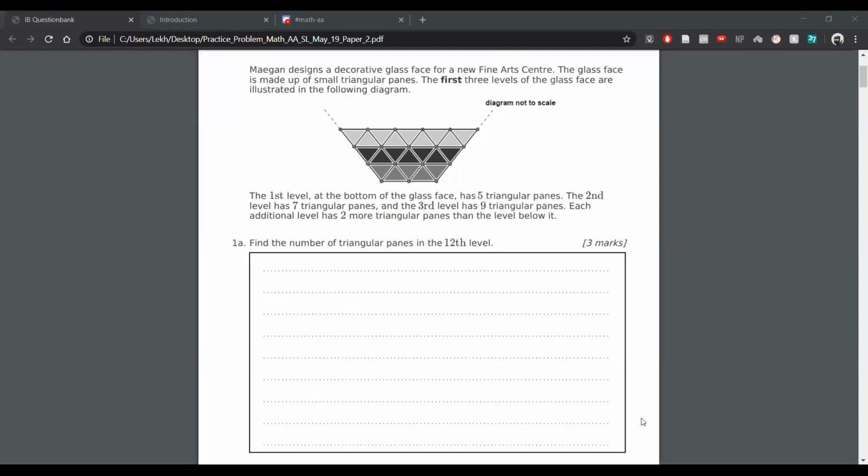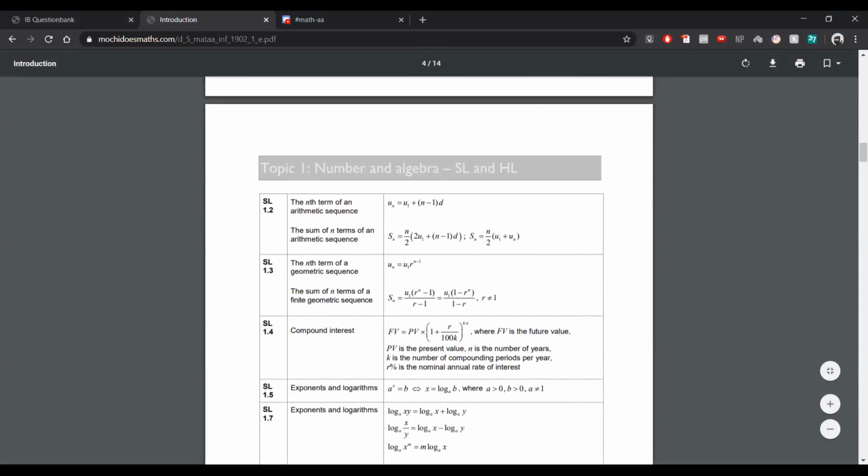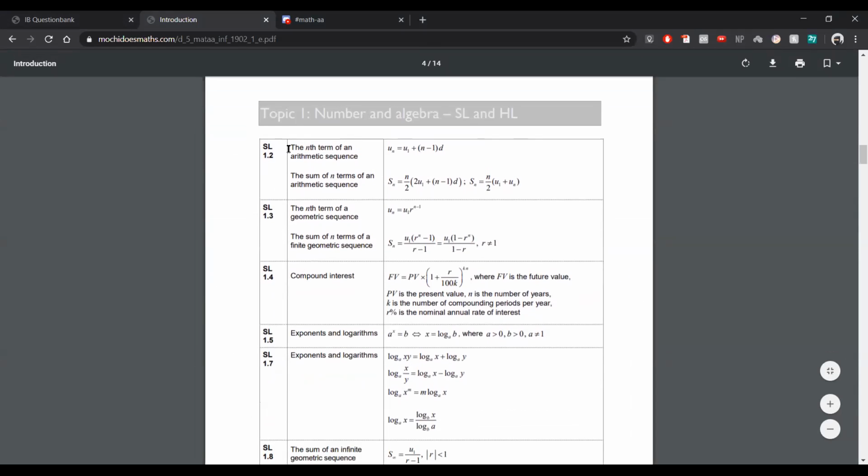Or if you feel like doing so, you can recall that the nth term Un is equal to the U1 term plus the common difference times n minus 1, which is shown in our formula booklet right over here, in SL 1.2, nth term of an arithmetic sequence.